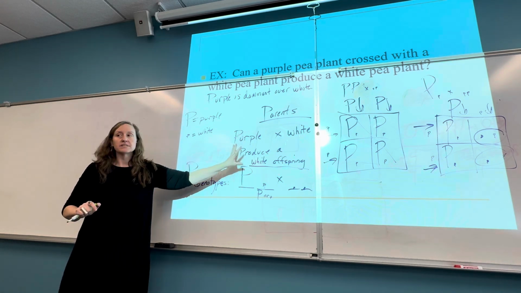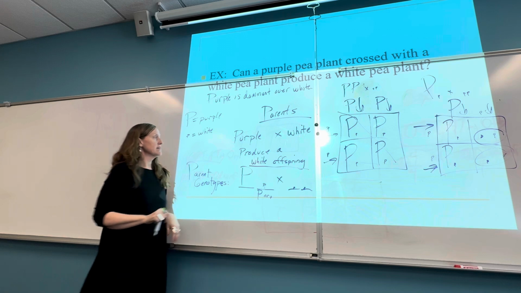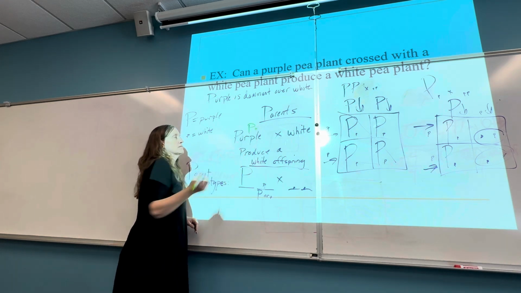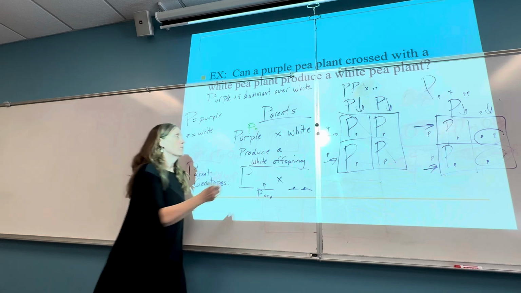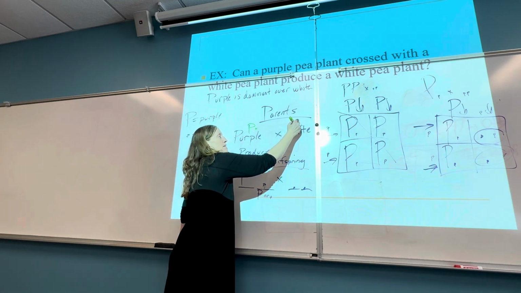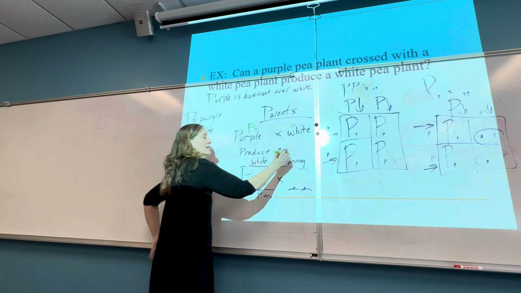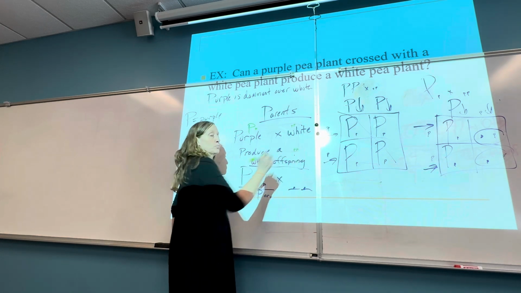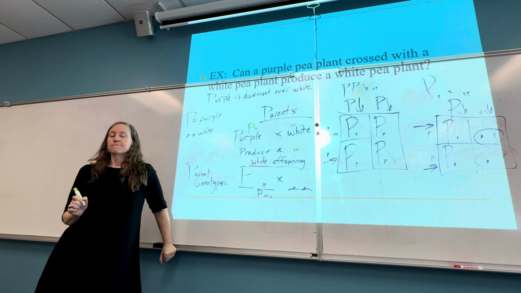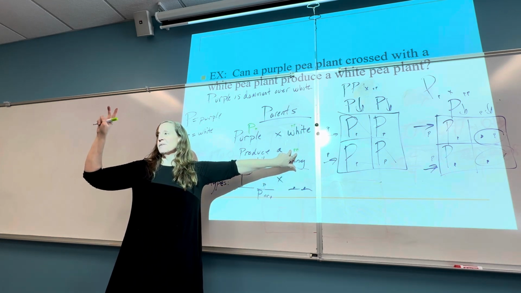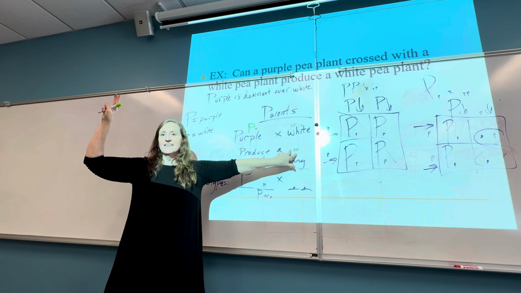When I map this out, I can say, okay, the purple parent is big P something, and the white parent is little p, little p. The white offspring has to be little p, little p. Everybody has 2 alleles for every trait because those 2 alleles come from bio mom and bio dad.